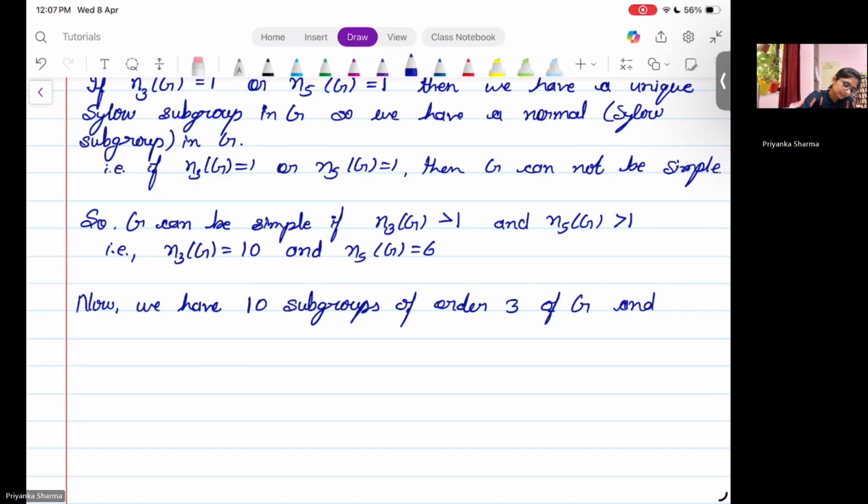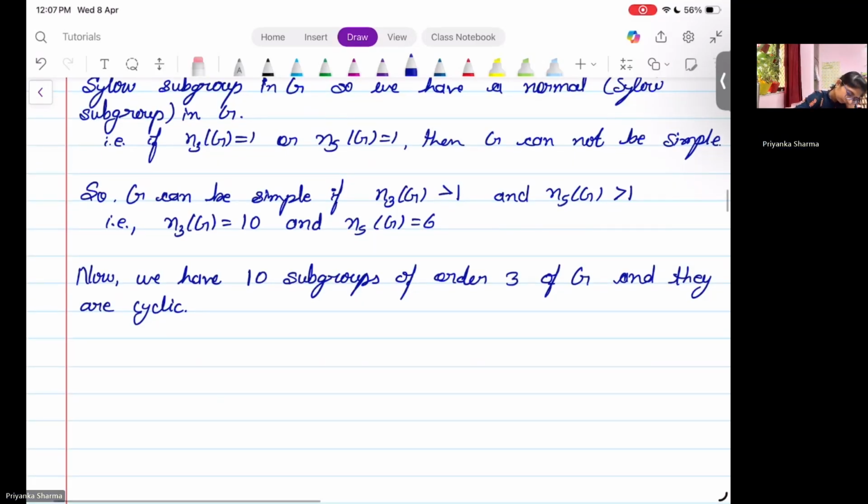And they are cyclic because 3 is a prime. So any group of prime order will be cyclic. So how can we generate a cyclic group of order 3? We need an element which is a generator of order 3.